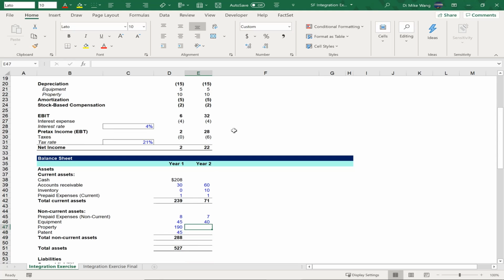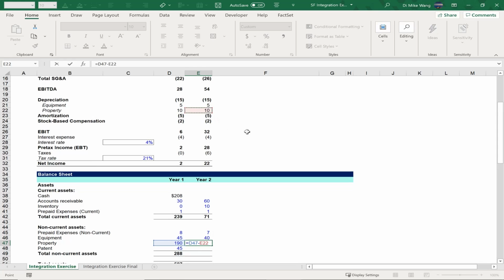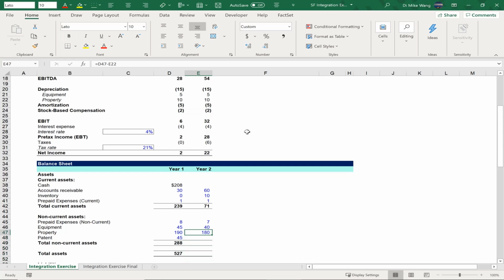Okay, and our property, plant, and equipment, so same, but it's also a little bit more straightforward as we're taking just last year's value and subtracting out this year's depreciation, which is 10. So that gets us to a property value that's now 180.